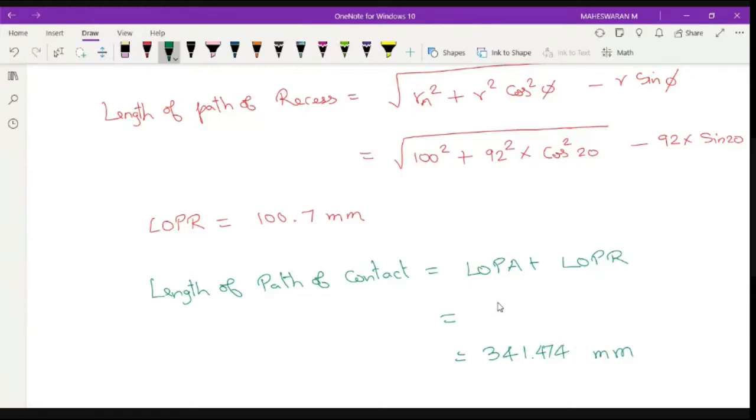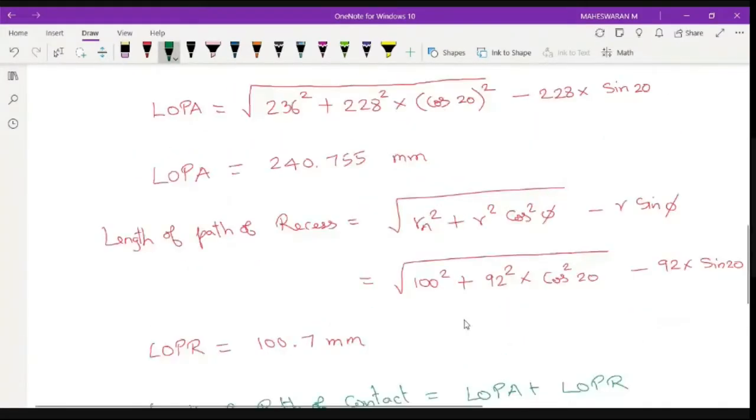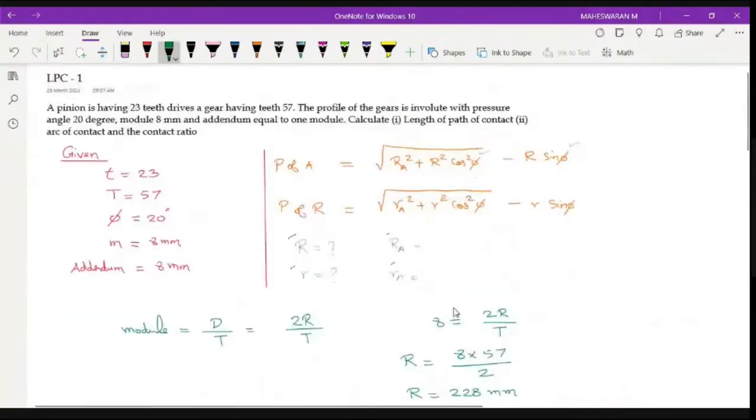So I think it is the addition of 240.7 plus 100.7, right? Just adding this, you will get the length of path of contact. This is one thing which we have completed.